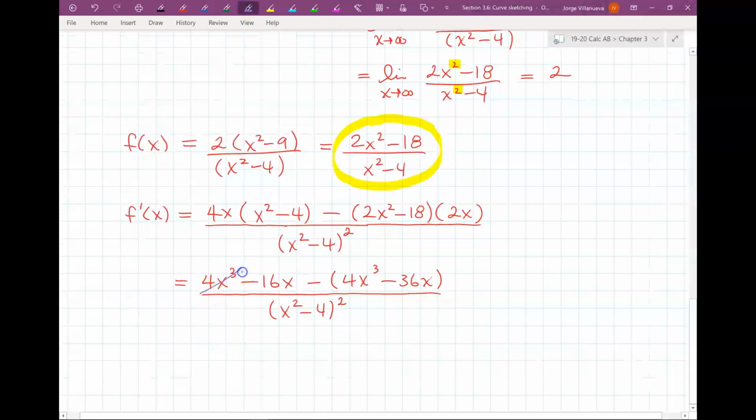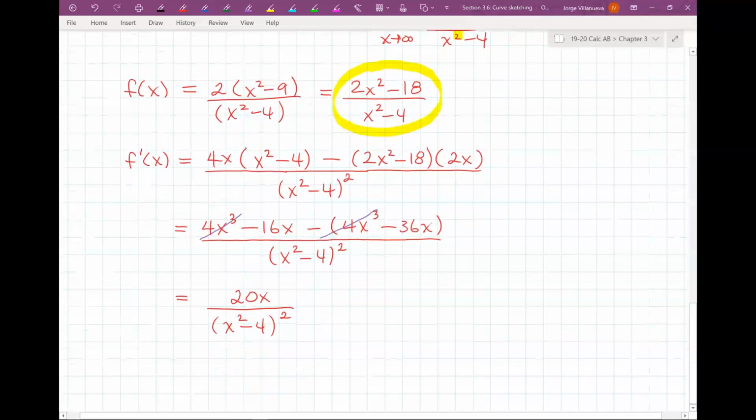This is actually going to cancel out, so that's nice. And then a negative 16x minus a negative 36x, that's a positive 20x over x squared minus 4 squared. So thankfully, this actually cleaned up to be a nice looking function at the end. I know you might say that doesn't look very nice, but it could be worse. Okay? This one only has one thing in the numerator, one thing in the denominator.